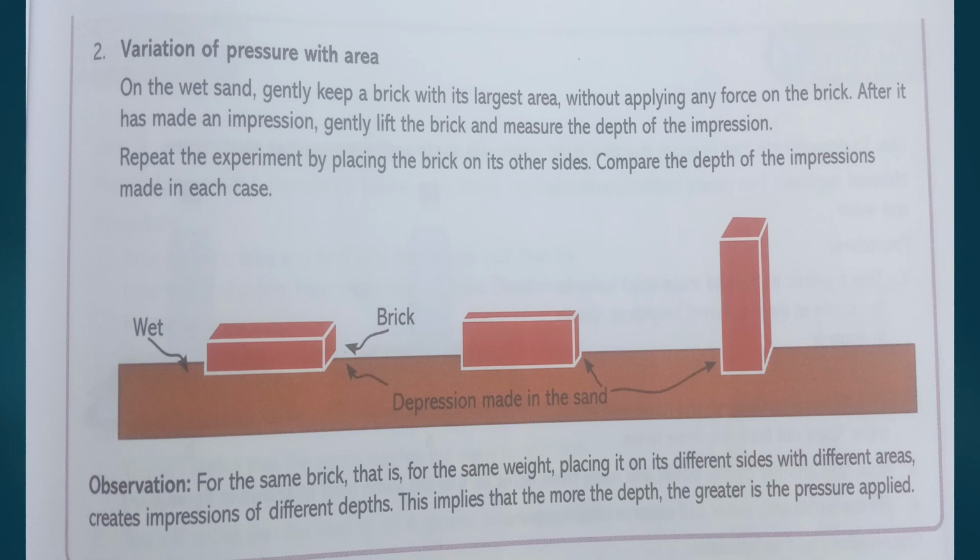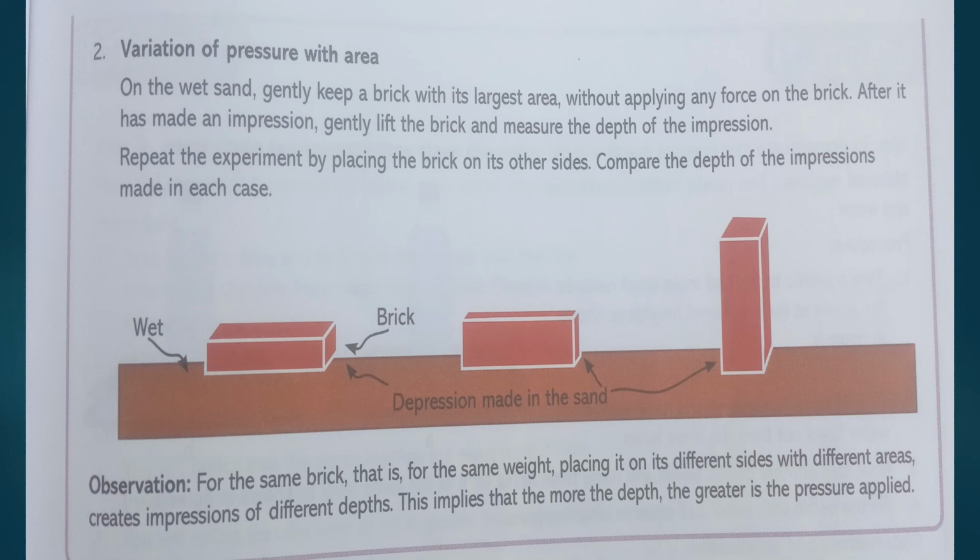You can see that whenever we place the brick in a vertical position, the impression made is very deep. We can observe from here that for the same brick, that is the same weight, placing it on different sides with different areas creates impressions of different depth. Whenever we place the brick in a horizontal way, the surface area in contact with the sand is more. But whenever we place the brick in a vertical way, the surface area of the brick in contact with the sand is very small.